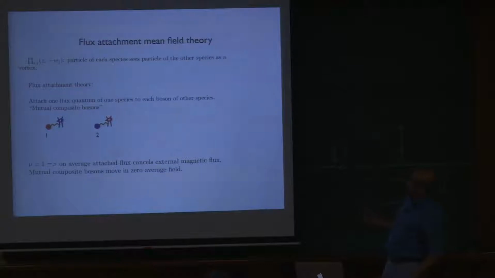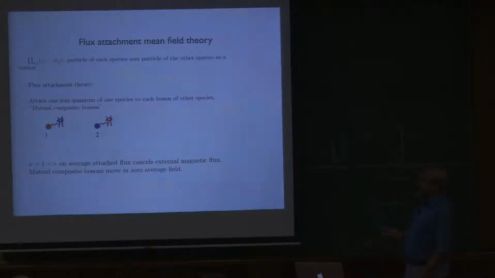So the standard implementation of this physics is through a flux attachment procedure, where we attach one flux quantum of one species to each boson of the other species. And with this flux attachment, instead of working with these original particles, which are shown in either red or blue dots, we work with these transformed particles, which is this original particle plus an attached flux. Now, with this kind of flux attachment, each one of these new particles moves in a net magnetic field which is on average 0. The external field is cancelled exactly by the attached flux.